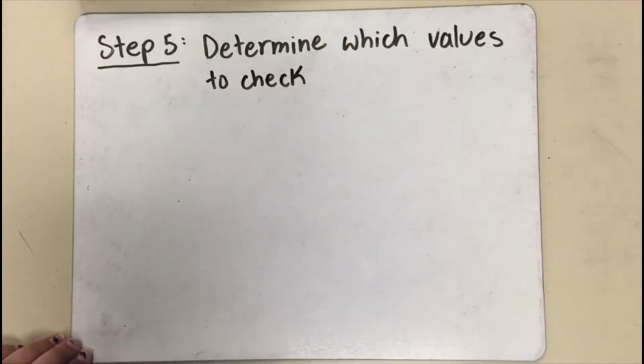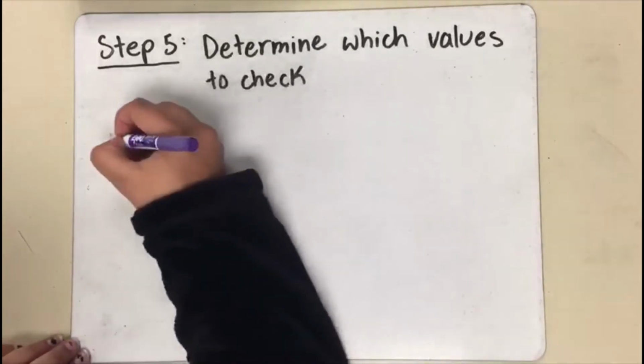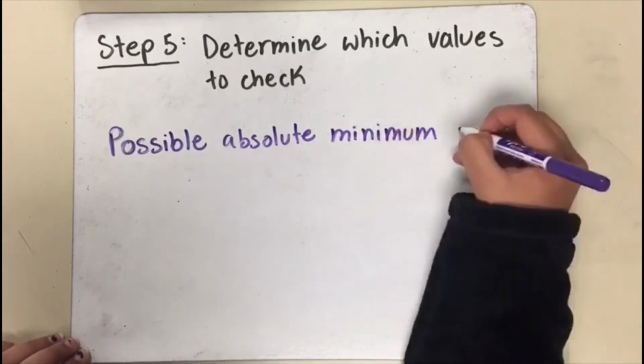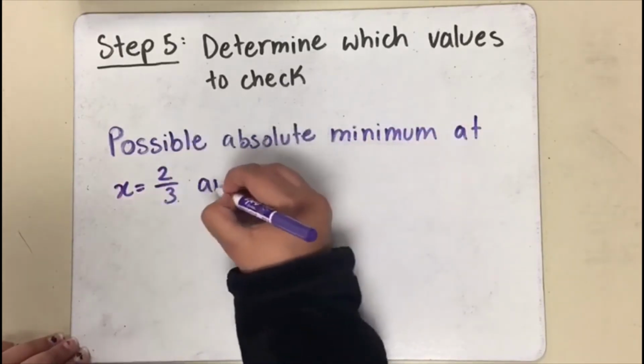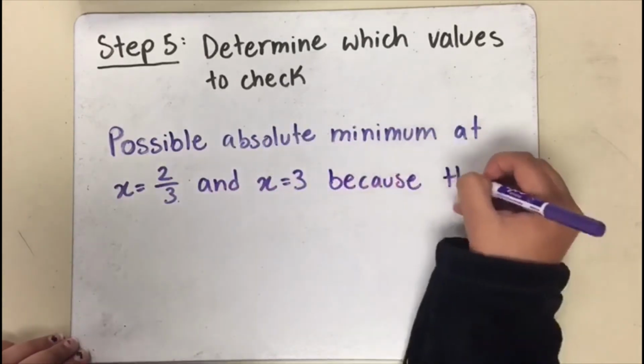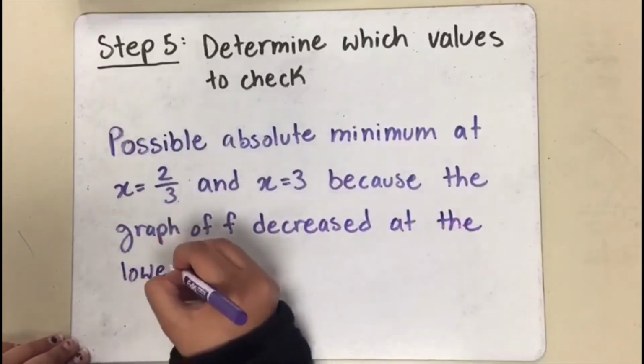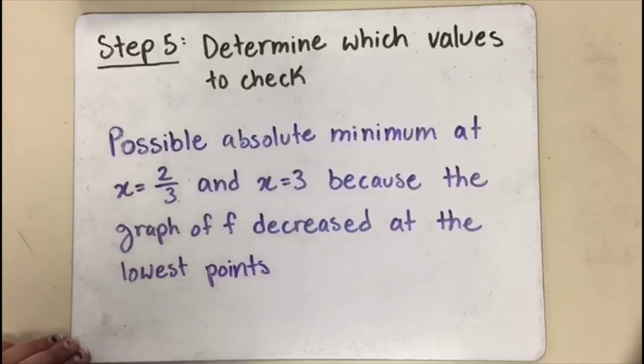The fifth step is to determine which values to check. There are possible absolute minimums at x equals 2/3 and x equals 3, since the graph is decreasing at its lowest points, at points where f has a minimum.